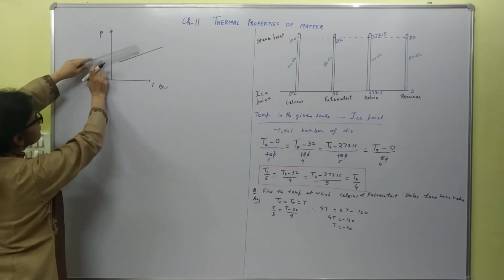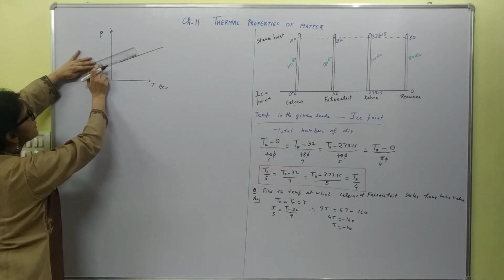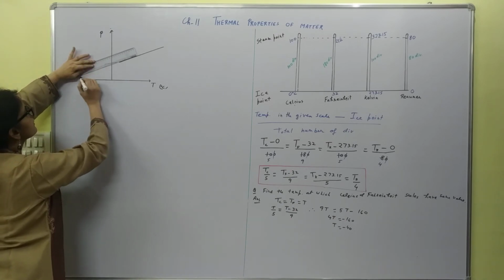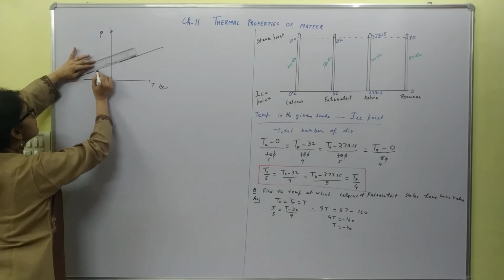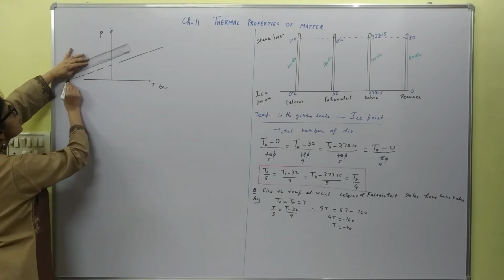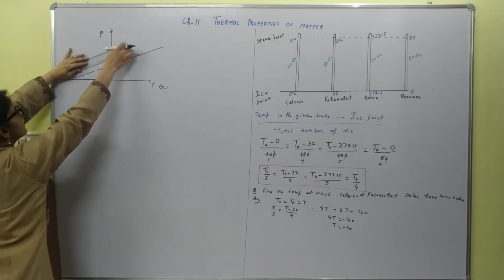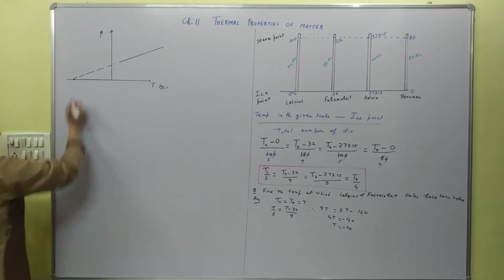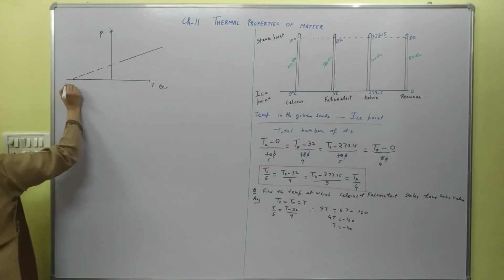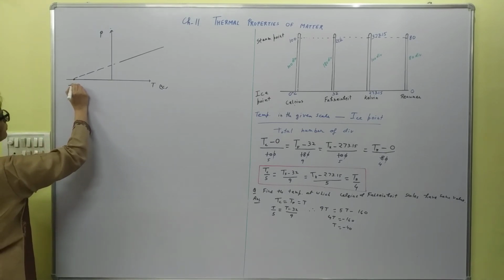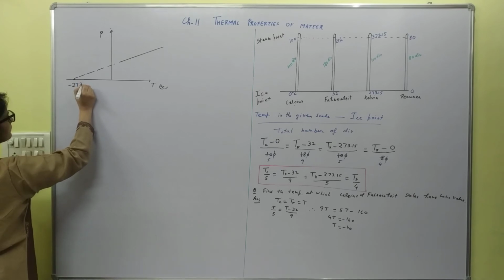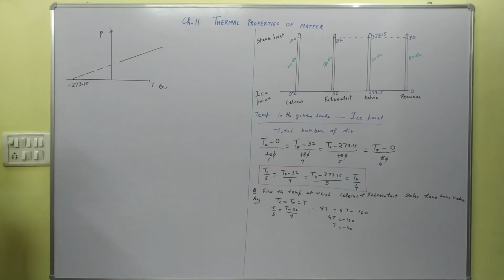So if we extrapolate the graph on the basis of the experimental results, it is observed that this graph cuts the temperature axis at the value minus 273.15. So at this temperature, the pressure is 0, right?